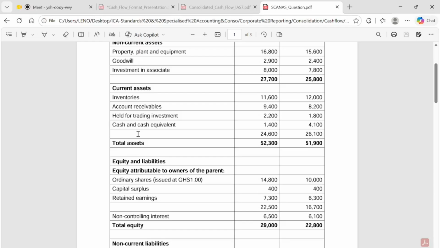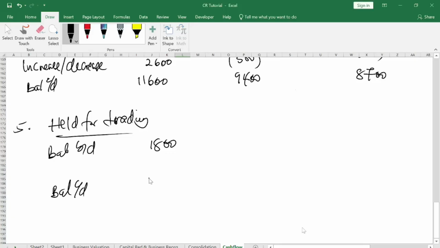So what is the difference? The closing is 2,200, right? The difference is 400. Where will you treat this? Held for trading will be operating activity?